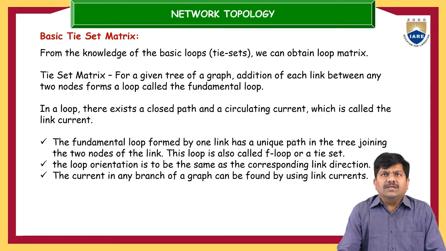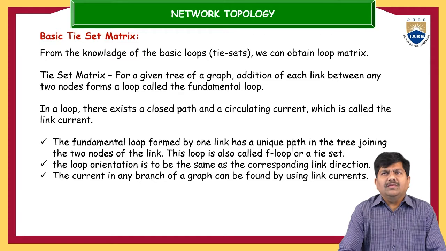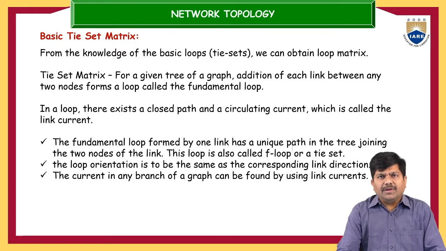So we can start the basic tie-set matrix from the knowledge of the basic loops. Basic loops are nothing but the tie-sets, from which we can obtain the loop matrix. The tie-set matrix is defined for a given tree of a graph.